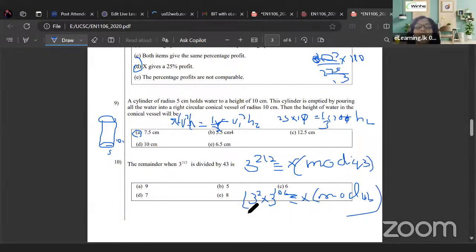Right? For this part, the answer will be 9. 3 to the power 2, you can write as 9. So x is equal to 9. When you solve the remaining part, 9 will be the final answer, right?